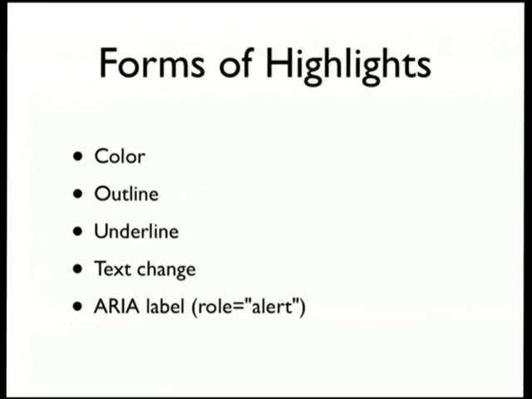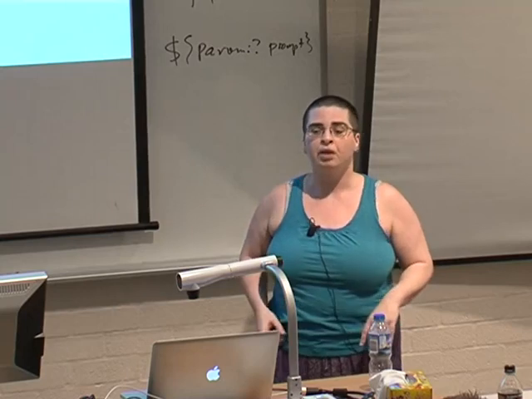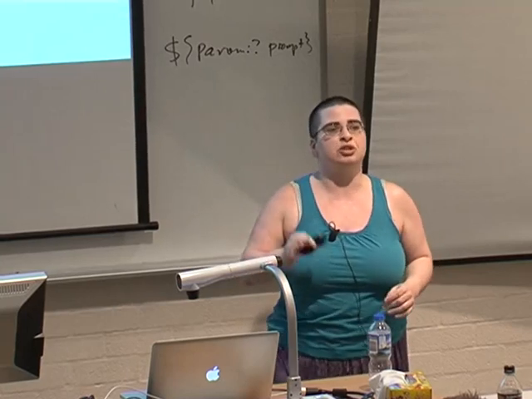If you have an error that you want to call to the user's attention, you can change the text around something and pop up a little post-it note to the side saying error. You can give it an ARIA label. There is an ARIA role for alert, there to indicate that something has changed, this is an error, this is something you should pay attention to. The more of these you can use in any single interaction, the better.